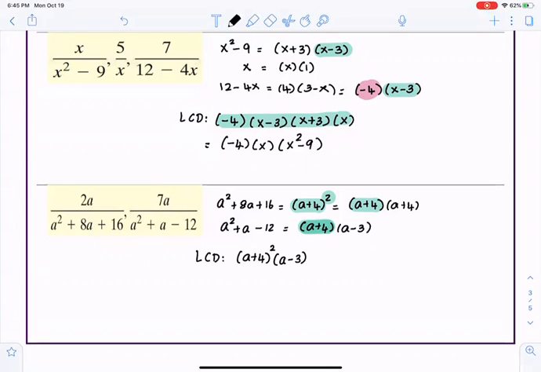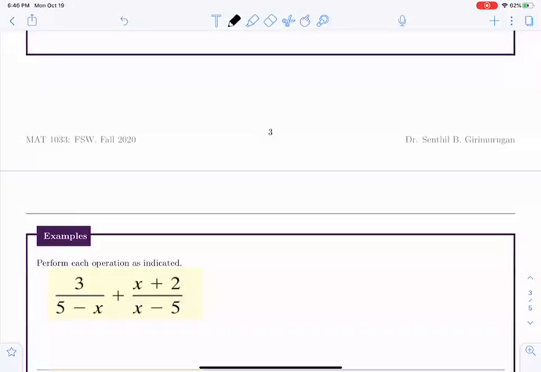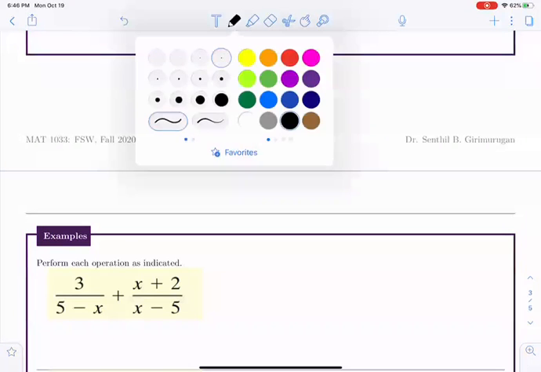So let me pause. We want to add those two rational functions, and I'll look at the problem. One denominator is 5 minus x, the other is x minus 5, and I immediately recognize I could take one and write it in terms of the other.